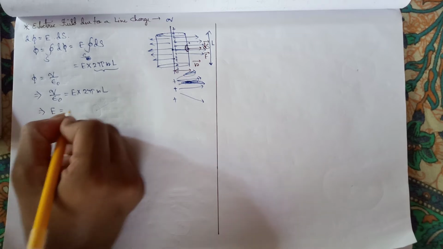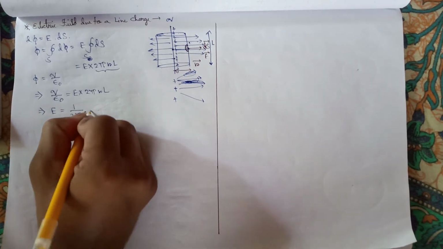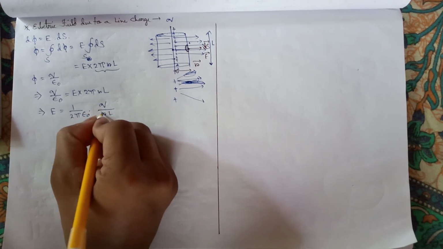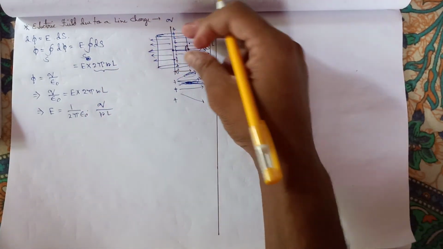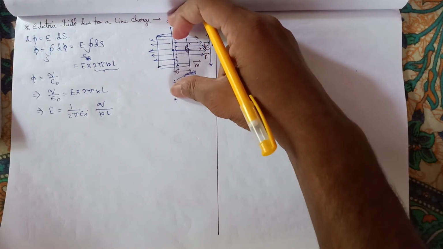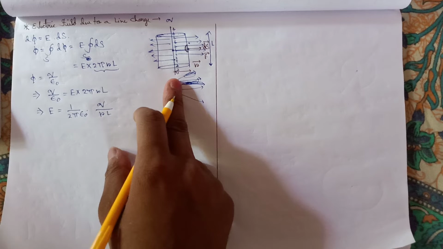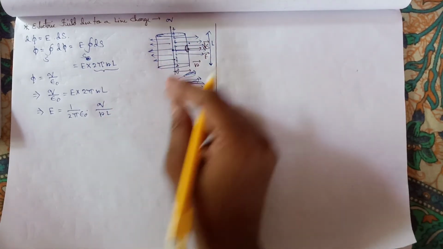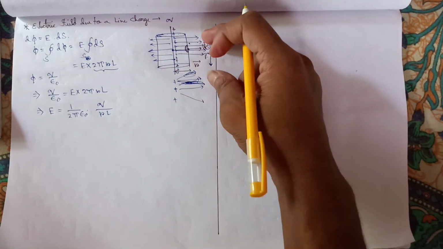So E equals 1 by 2 pi epsilon naught, q by R L. Now, this is not only a small cylinder; this is an infinitely long straight line which has uniformly distributed charge q. For ease of application, we are considering a small cylinder of length L.